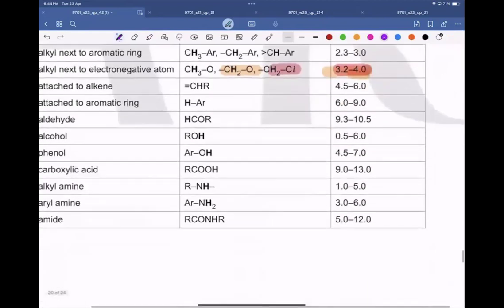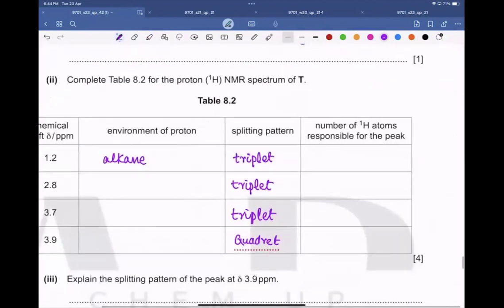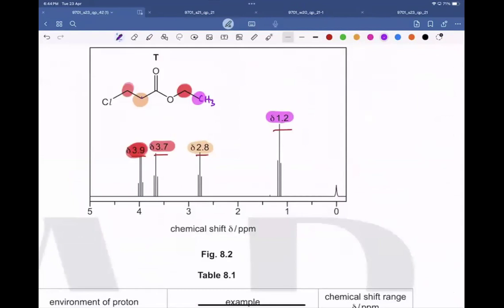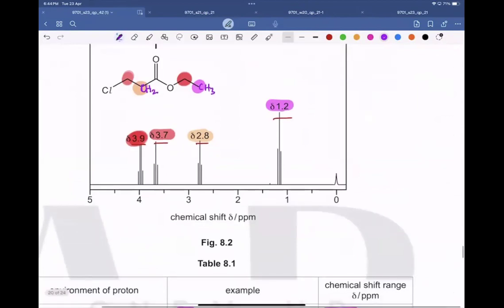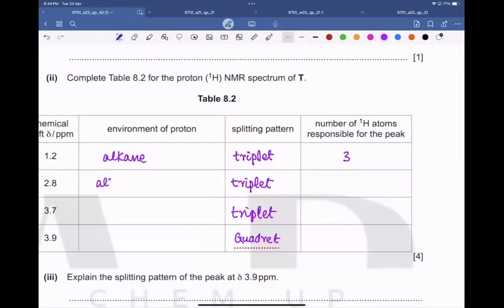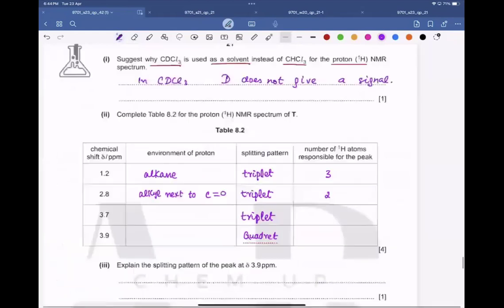How many protons are these? Three. Then at 2.8, it is this one. And how many hydrogens over here? Two hydrogens. It's an alkyl next to C double bond O, so I'm going to write alkyl next to C double bond O and has two hydrogens.